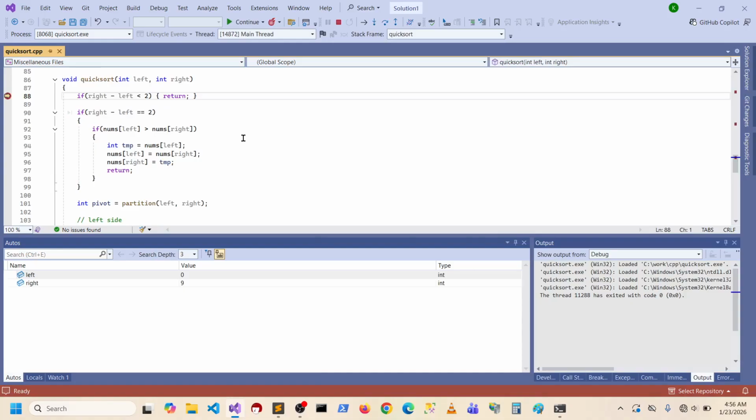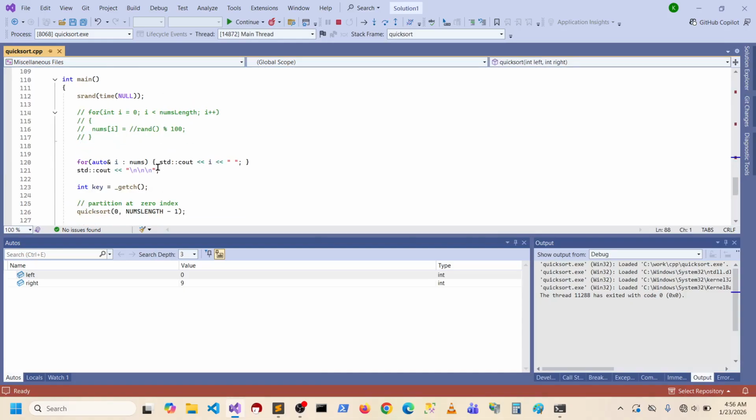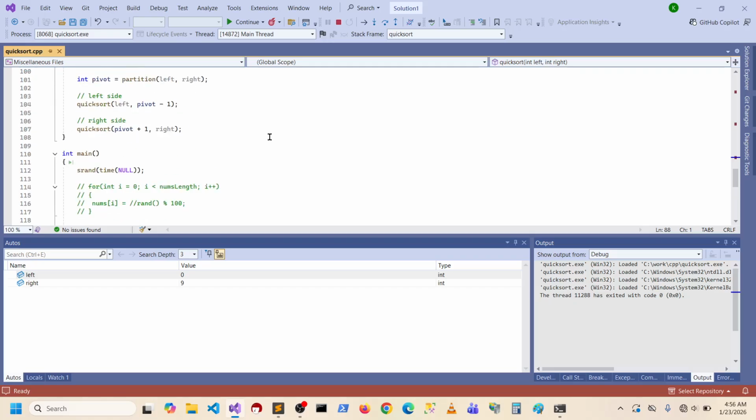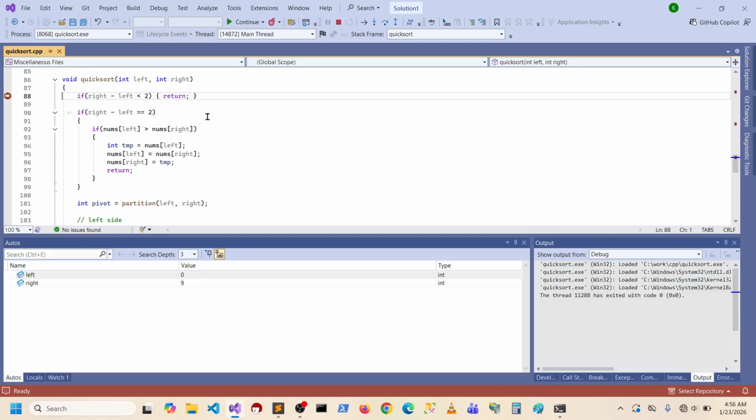So, we're in the Quicksort algorithm. We print these out, and we pass in 0 and 9. Right, minus left equals 2.